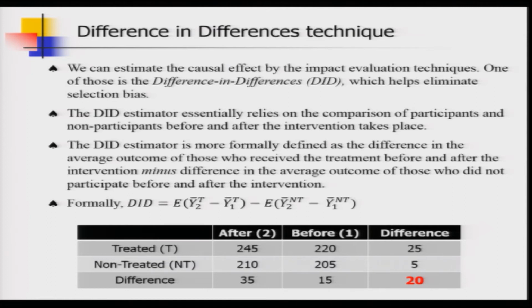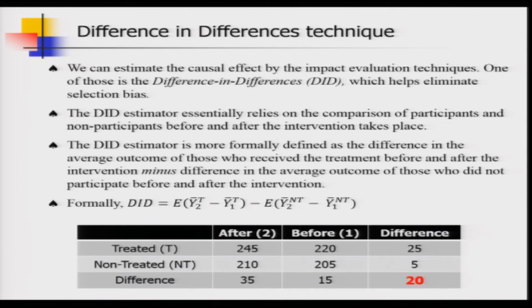Okay. So, let us first talk about the treatment group or the treated subjects. Suppose we have two time periods, 1 and 2. 2 is denoting the after period and 1 is denoting the before time period. So, you have to calculate the expected value of the difference between y bar t2 and y bar t1.